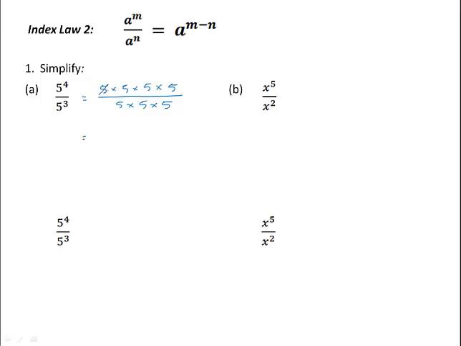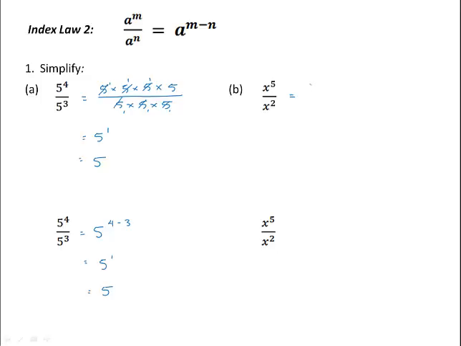We can then cancel, leaving us with 5 to the power 1, or 5. Using the index law, this would be 5 to the power 4 take 3, or 5 to the power 1, which is 5.